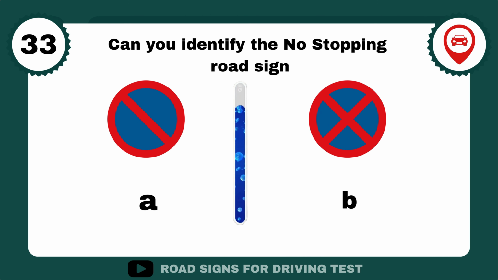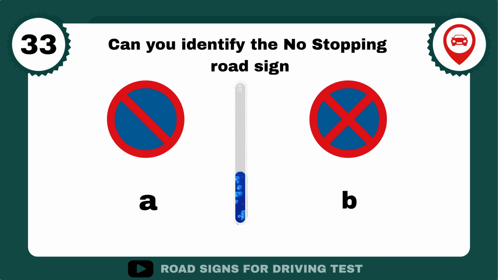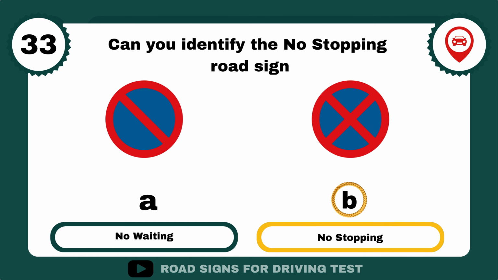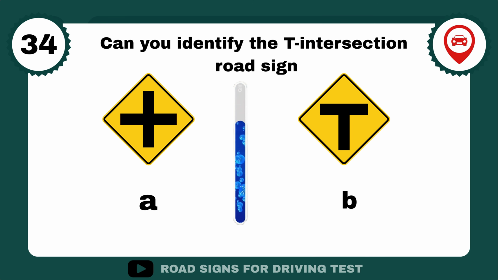Which one is the no stopping sign? Which image is the T intersection warning?